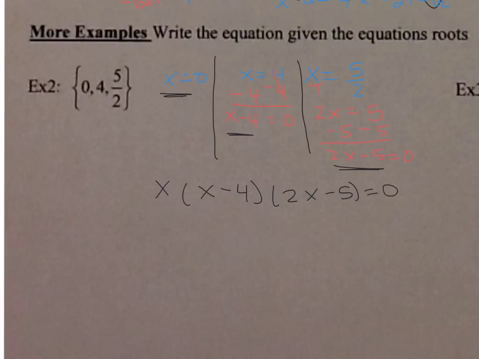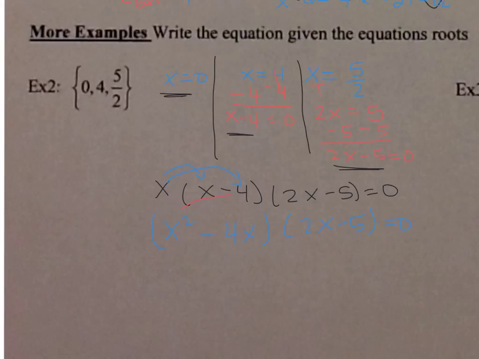So now I'm going to start by distributing the x here. So I get x times x is x squared, and x times negative 4 is negative 4x. Now I need to multiply this by 2x minus 5. And that's still equal to 0. So we will double distribute.